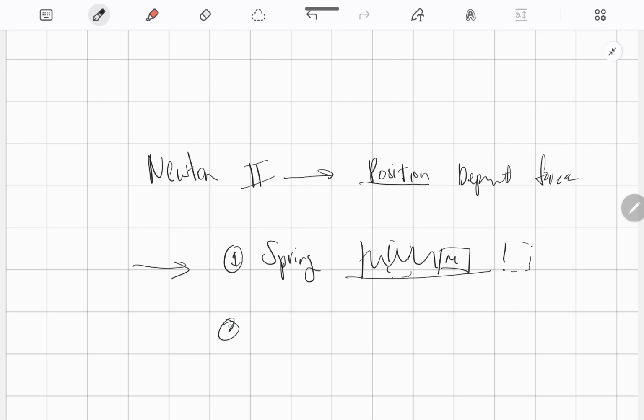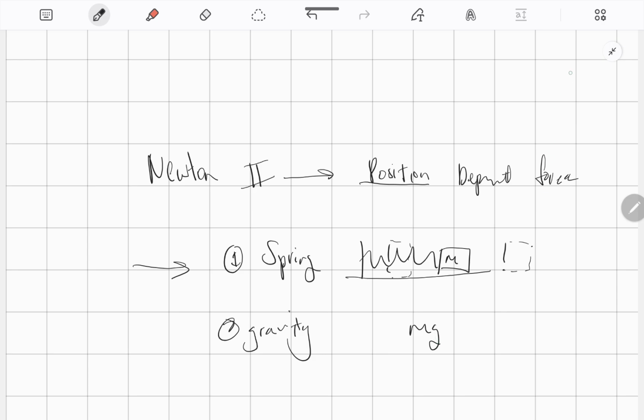The other one that I think we need to look at is gravity. We know that gravity is also position dependent, right? Since gravity is equal to mg.